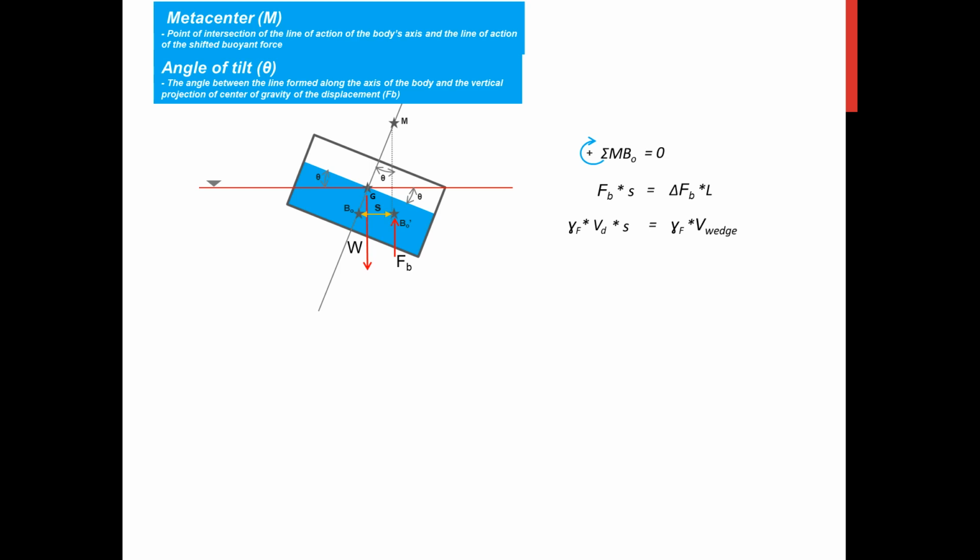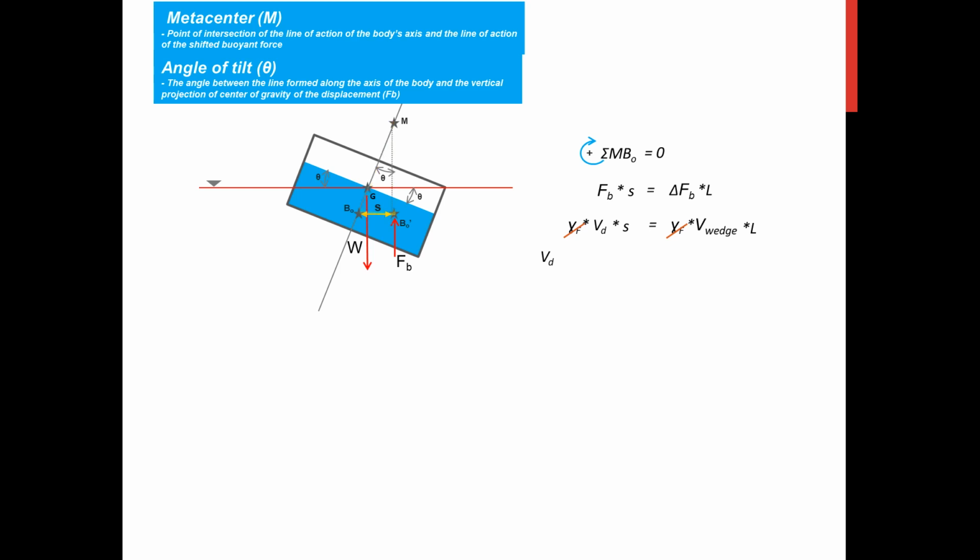The wedge volume is actually the volume of the triangle times L. So L is the distance between these two delta forces. So we can now cancel gamma of the fluid common to the sides of the equation, and what is left will be the volume submerged times S.